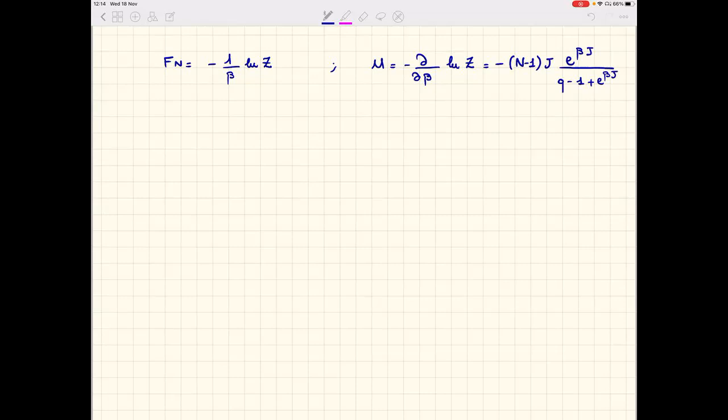All right, so let's take the limits now. The limit for T going to 0 of this expression of u. What is it equal to? For T going to 0. Zero?